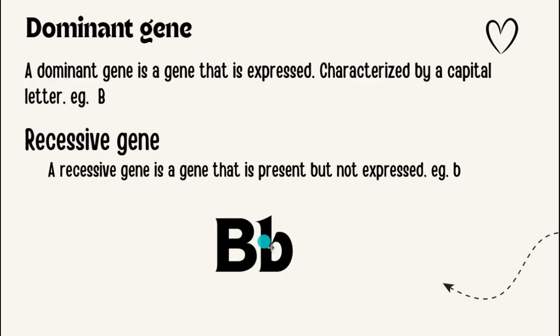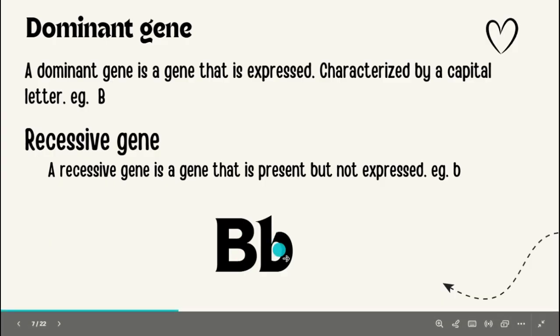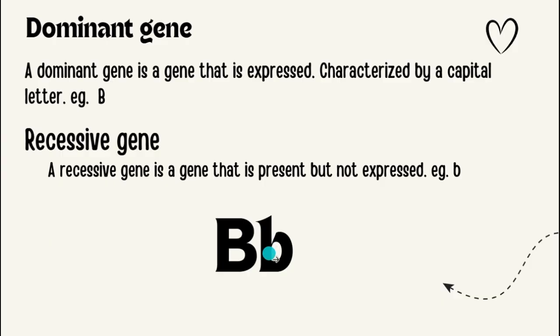It calls for brown hair, so it means that, let's just say in the future, if I meet somebody and have some kids, one of my kids then probably will end up with brown hair, right? But at this stage, I have black hair because that is a dominant gene. The black hair is dominant, the brown hair is very much recessive, right? But one thing to note is that when you have two recessive genes, it will be expressed.